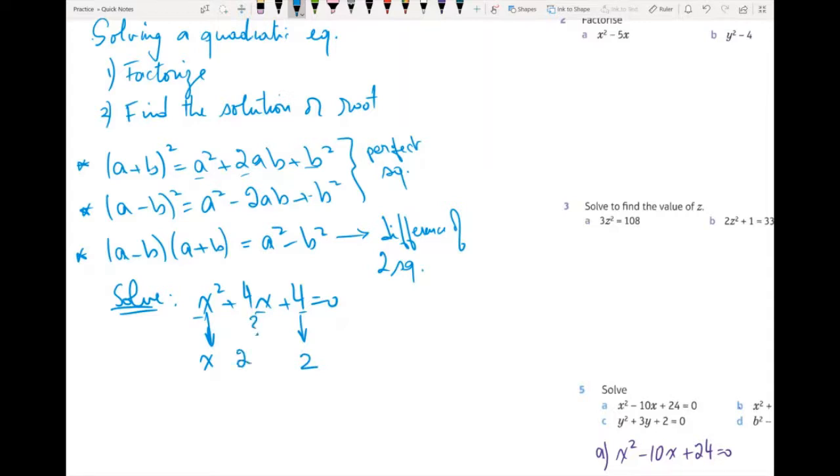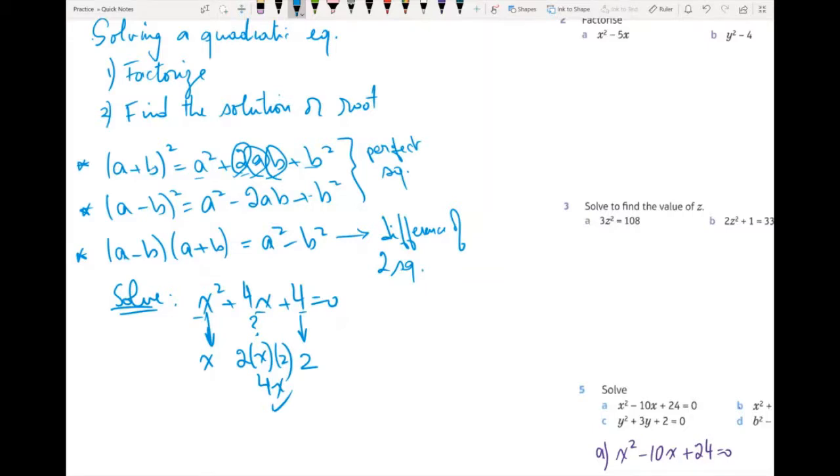So is 2 times x times 2 equal to 4x? Yes. When the answer is yes, we need one more step to do, and it is the signs.